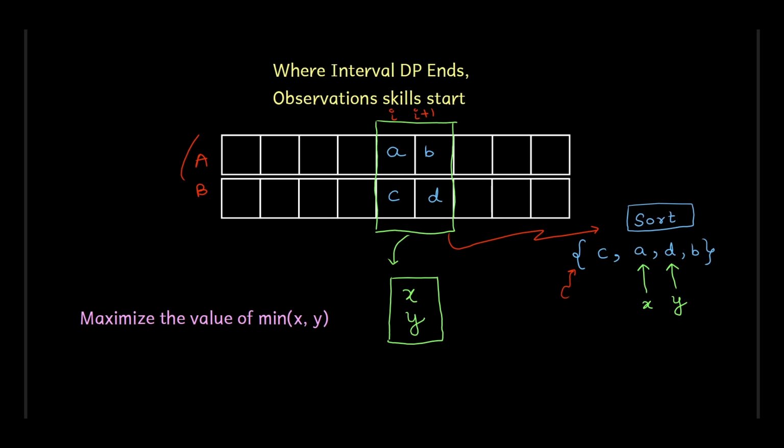So in a way, if the original array contained n elements, now it will contain n minus 1 elements if you look at the individual arrays.